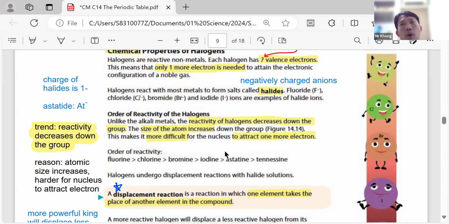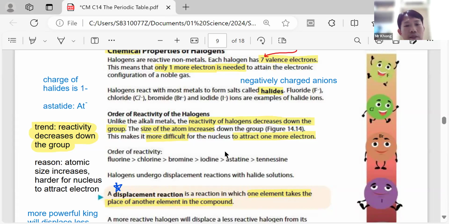Now, why is it that the reactivity decreases down the group? I hope you have noticed that this is opposite to the alkali metals, because the alkali metals actually become more reactive down the group. For example, lithium is the least reactive of group 1 elements, but francium and cesium are even more reactive than the previous few alkali metals.